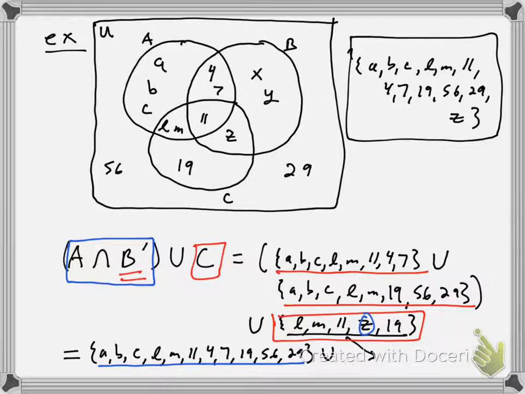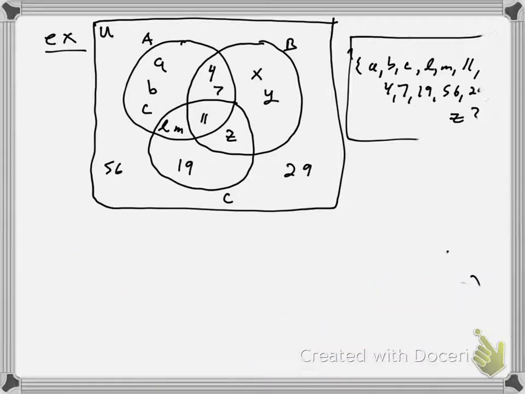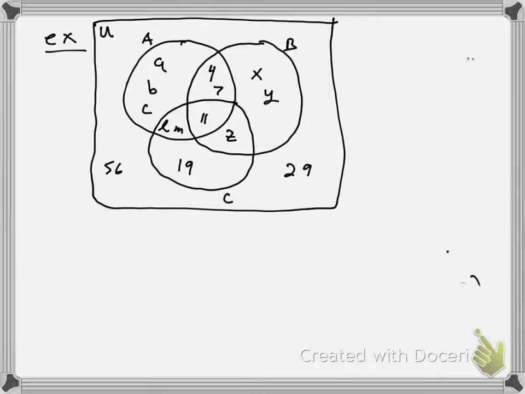Now let's take another one. I can use the same set. And I could do A intersected with B, complement, intersected with C. Okay, so let's do A intersected with B first.